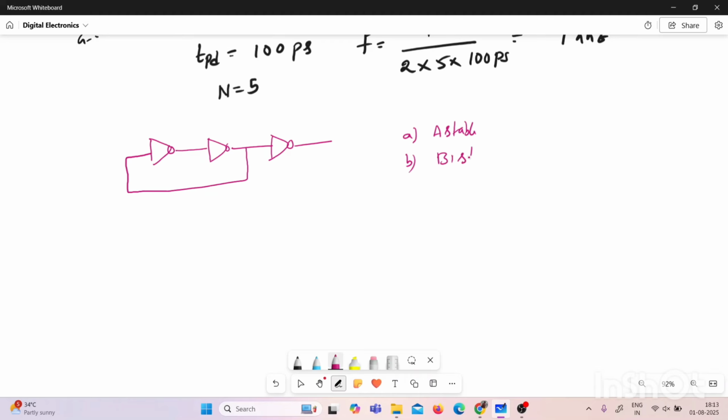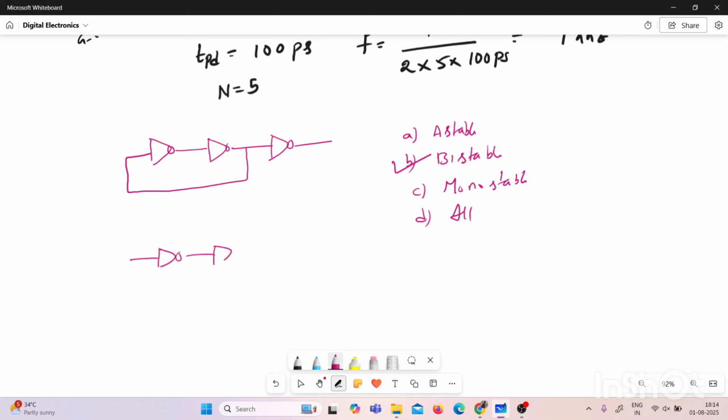The second option is bistable. The third option is monostable, or D option, all of the above. So already we learned whenever an even number of NOT gates are connected in cascade with the feedback, that circuit will act as a bistable. Similarly, let us solve one more question.